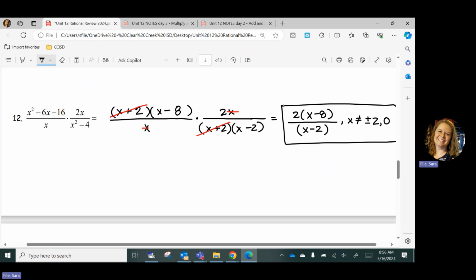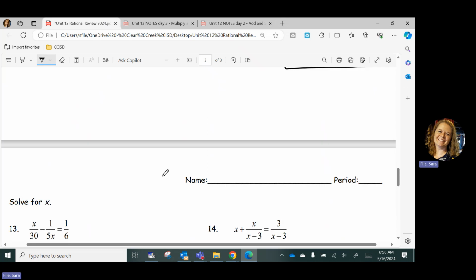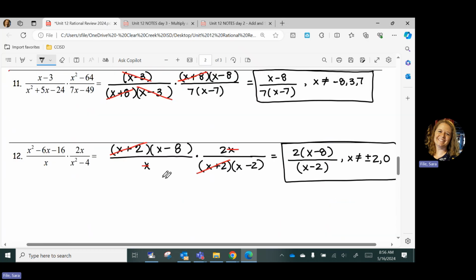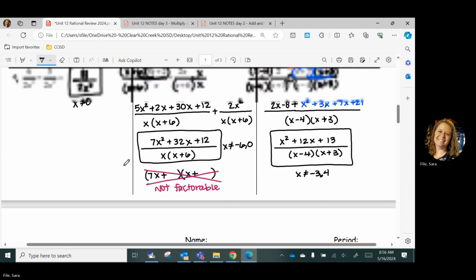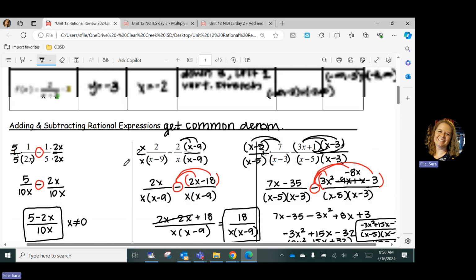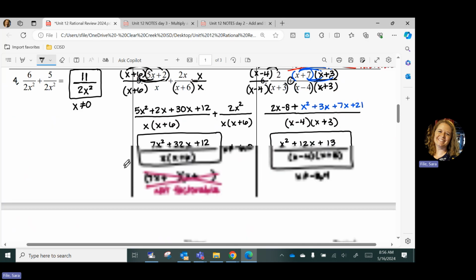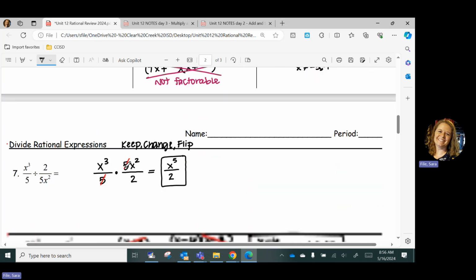All right, I'm going to stop this video here. I'll do another video with the rest of the review, which is solving. But again, all of these that we just did in this video and in the last video, with multiplying, dividing, adding, and subtracting, can be checked in Desmos. You're checking to see if the graphs are the same.